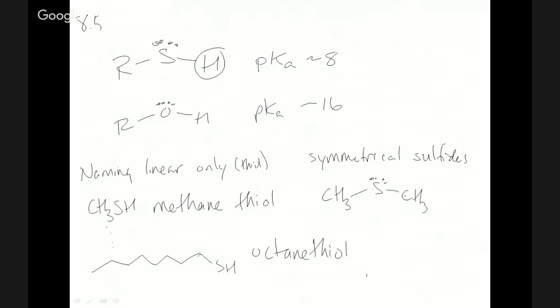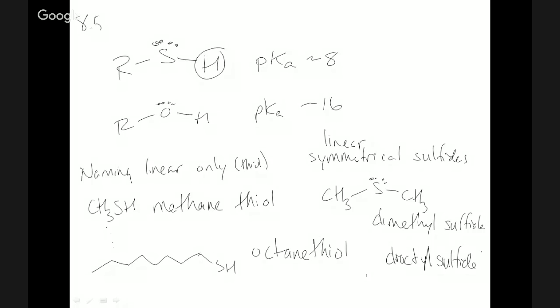So this would be dimethyl sulfide, just like we did dimethyl ether, diethyl ether, dipropyl ether. We're only doing linear and symmetrical. We're keeping ethers, thiols, and sulfides very simple. So we have dimethyl sulfide, diethyl, dipropyl, dibutyl, etc., all the way to dioctyl sulfide.